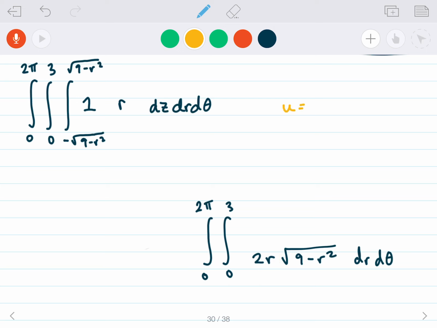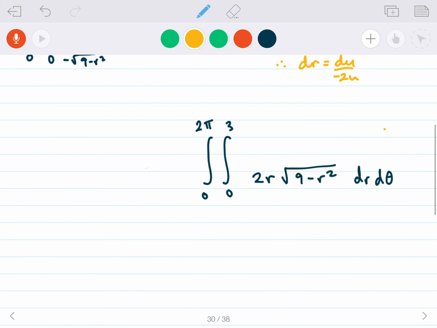I'm going to let u equal 9 minus r squared, and therefore du is going to be negative 2r dr, and therefore dr is going to be du over negative 2r. So I'm going to make those substitutions.